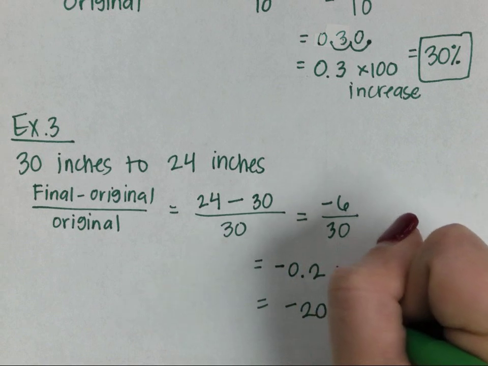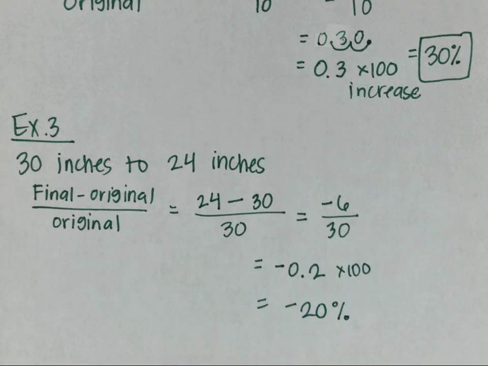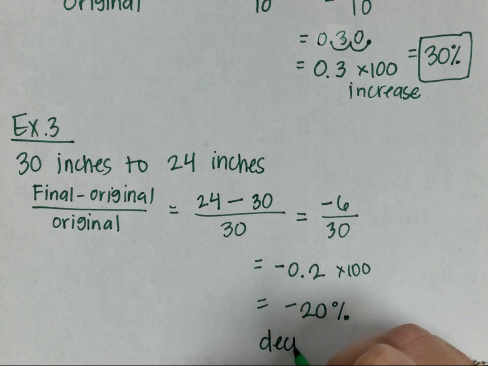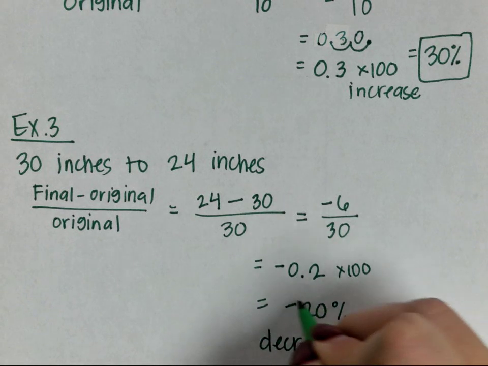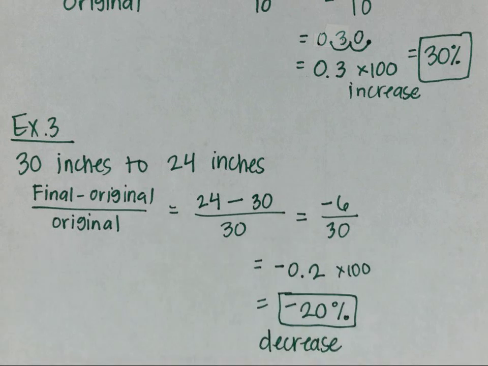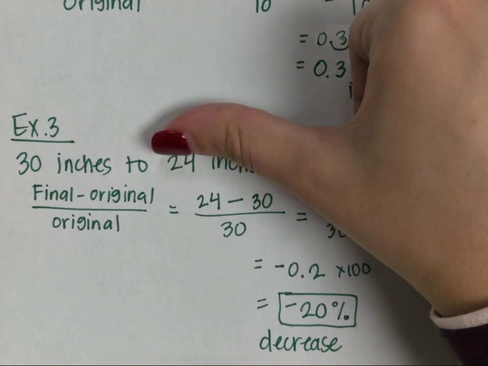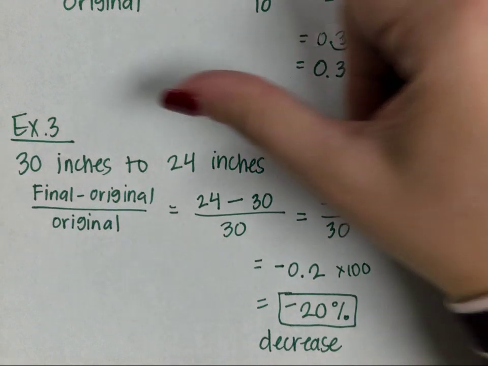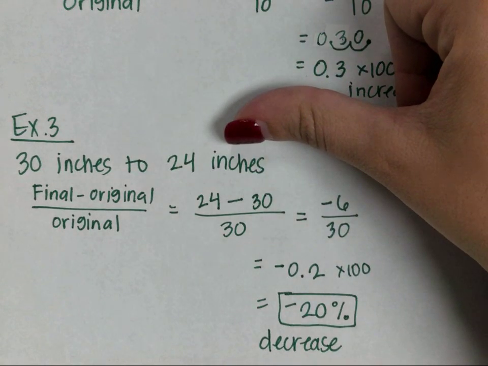Negative 20%. Okay. So what does that negative tell me? A percent of decrease. Okay. Which you can already tell from the problem. 30 inches to 24 inches, right? 30 is larger than 24, so it got smaller. So it's a percent of decrease.